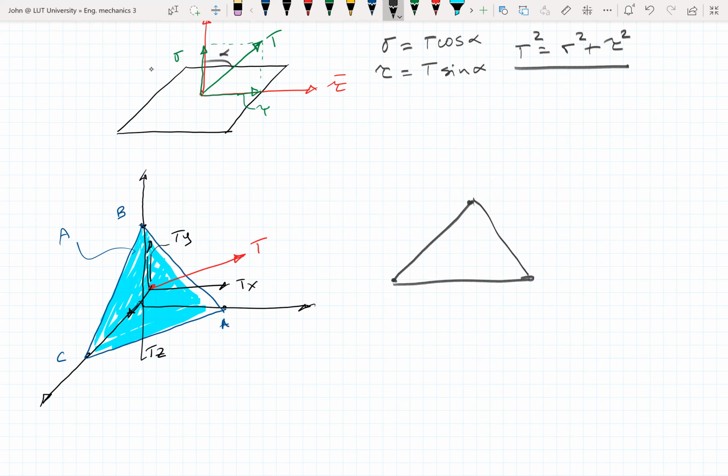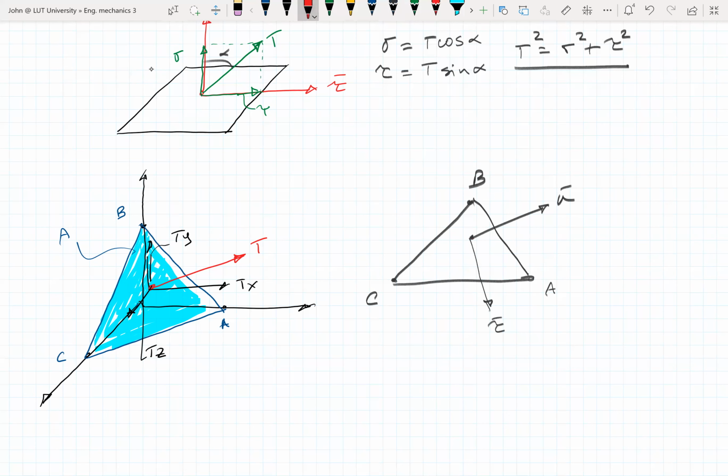This is going to be A, B, and C. I will have the normal to this plane represented by the unit vector n, and the tangential to this plane represented by the unit vector tau.